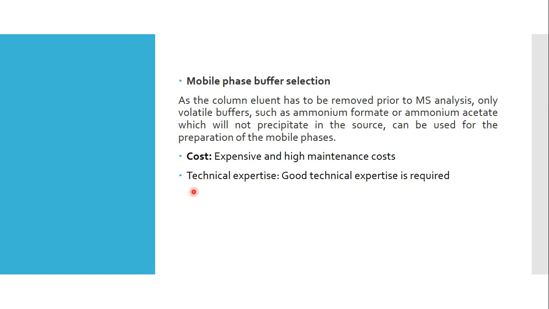Then technical expertise, that is, here obviously good technical expertise is required, because here we are going to handle liquid chromatography as well as the tandem mass spectrometer. So good expertise is required in this field. Okay, so this was all about LC-MS/MS, the analyzers used in LC-MS/MS, and its advantages, limitations and applications.